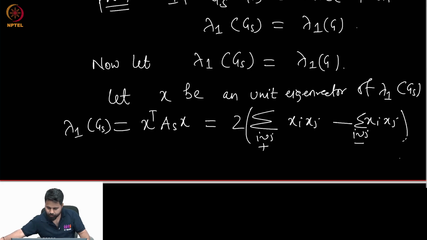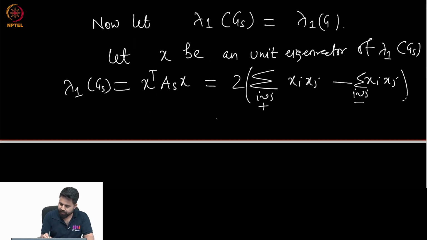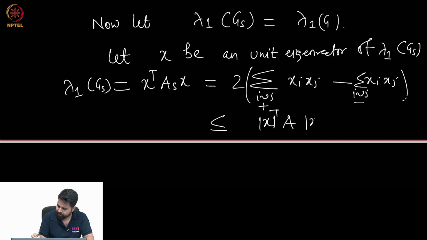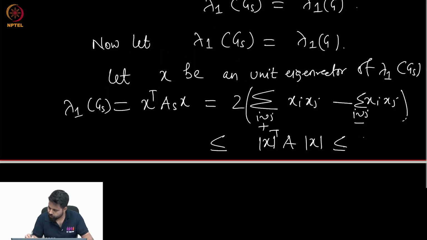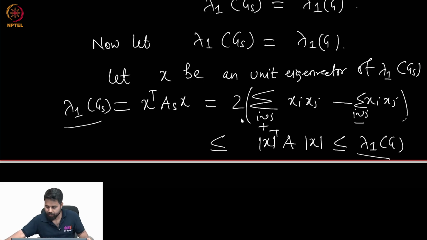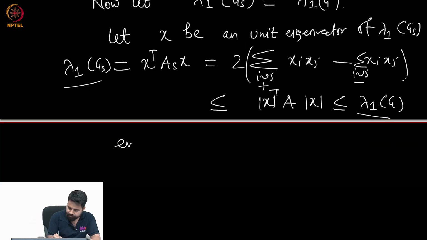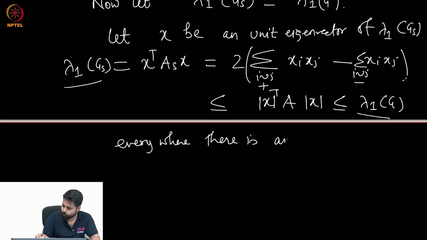Then we have proven that this quantity is always at most the expression with mod X and A of G, which is less than or equal to lambda 1 of G. But we know that these quantities are the same, so everywhere there is equality.